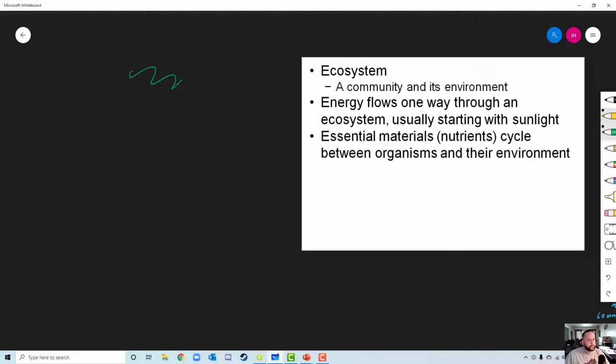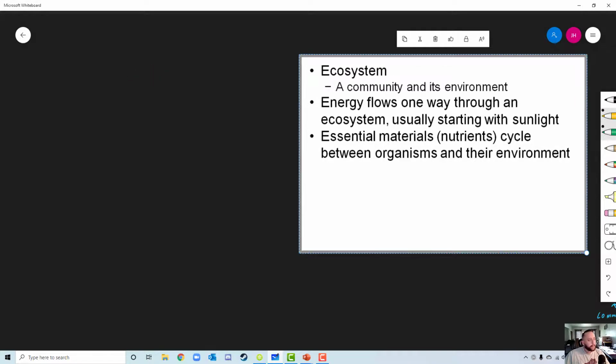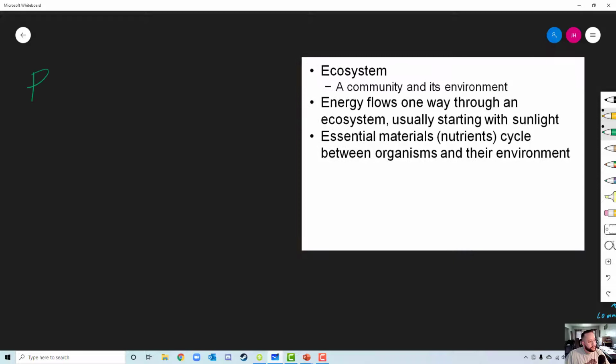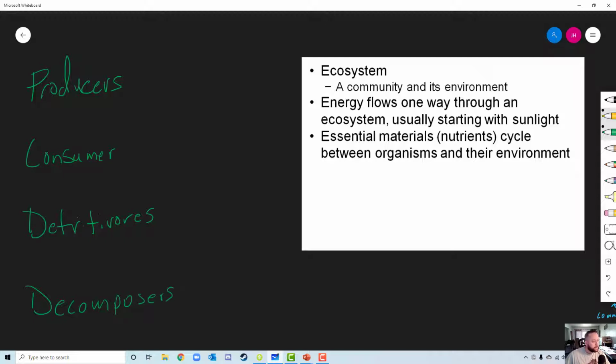Okay, so we have producers, consumers, detritivores, decomposers. Okay, these are all the players within an ecosystem that pass around this energy that came from the sun.